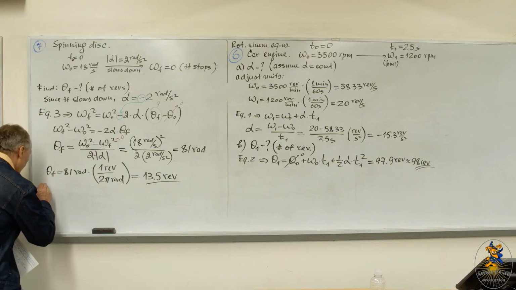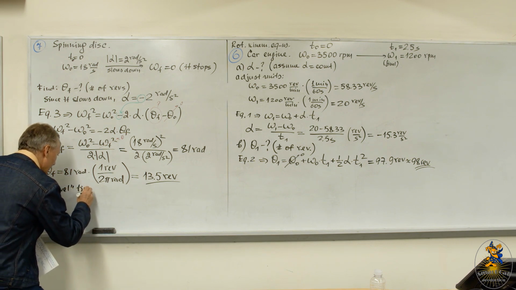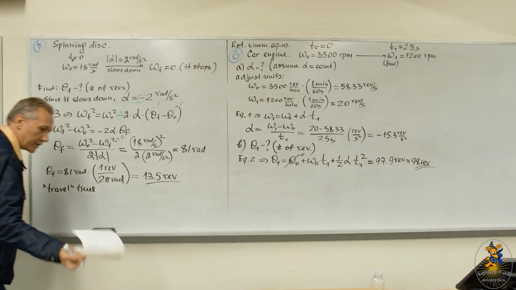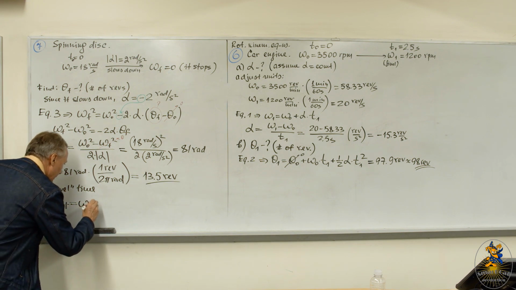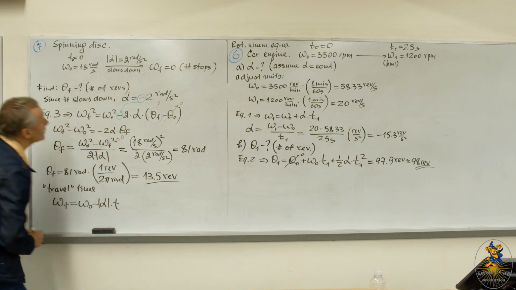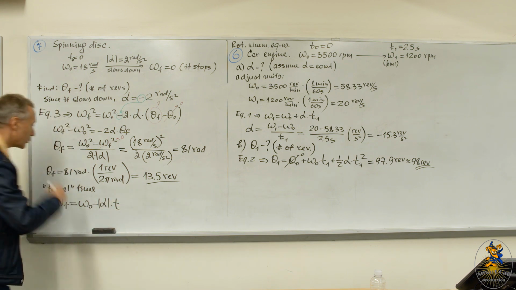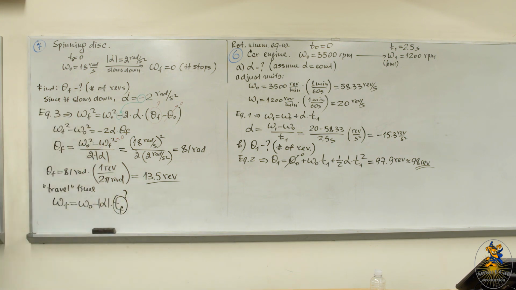So now travel time. Okay, I just want to exhaust the problem. So which one did I use? Equation 1. Omega final equals omega naught minus alpha absolute value times t. T is what we need to find. So you can easily find the travel time. Of course, this is 0 again.